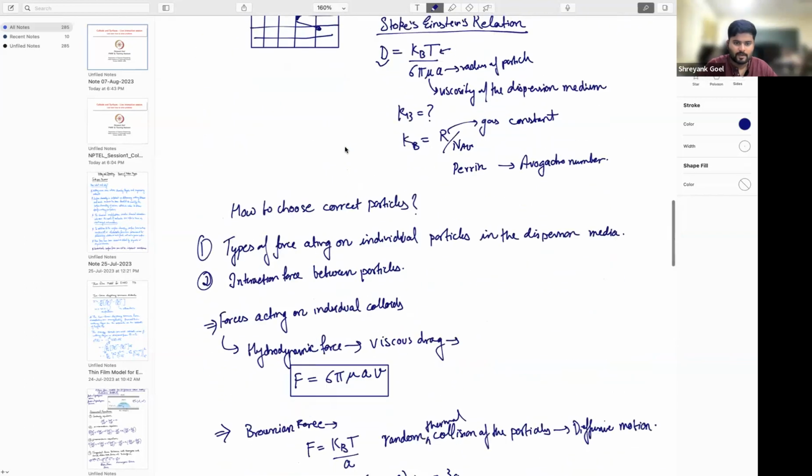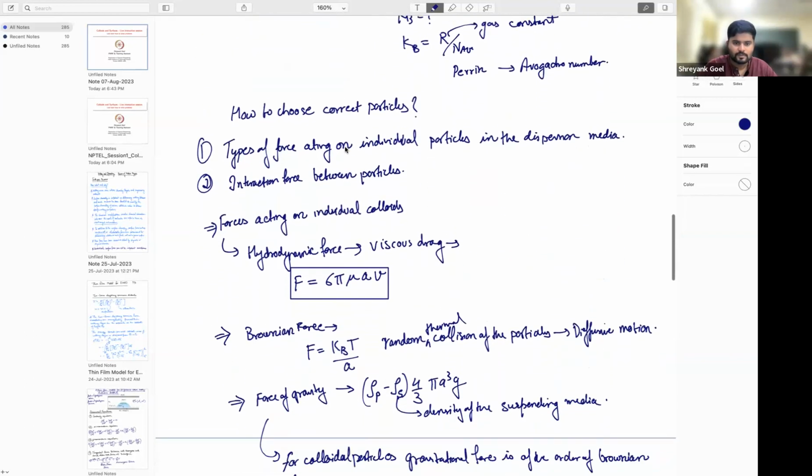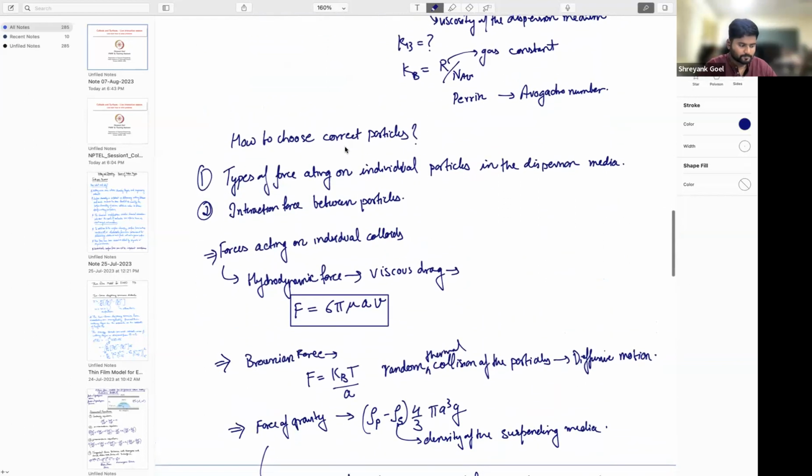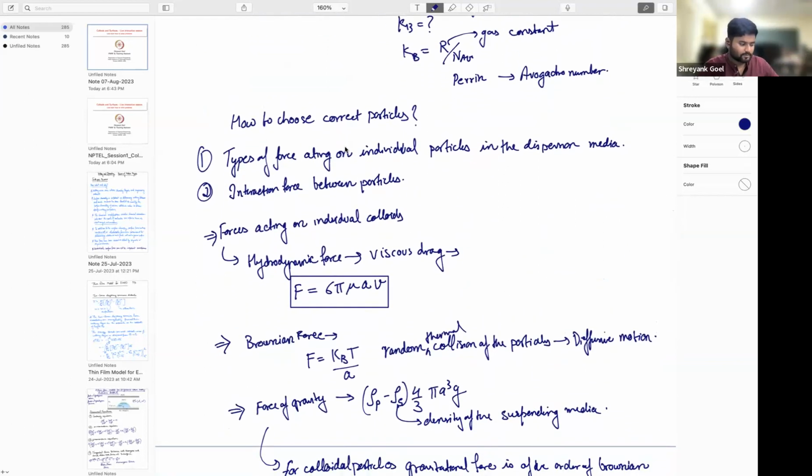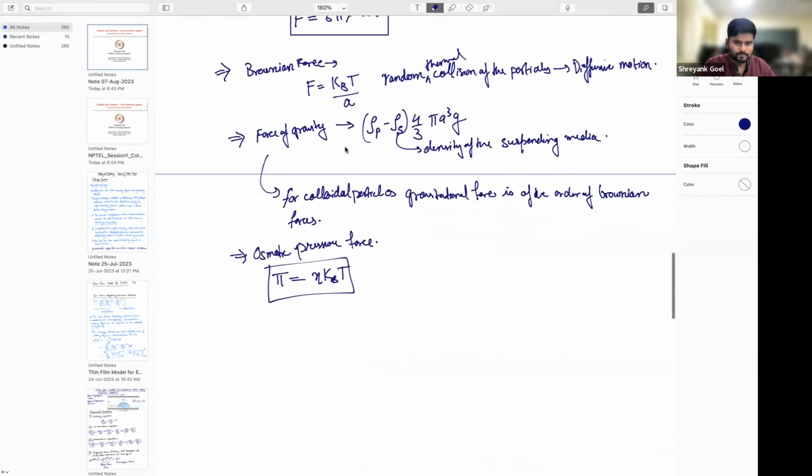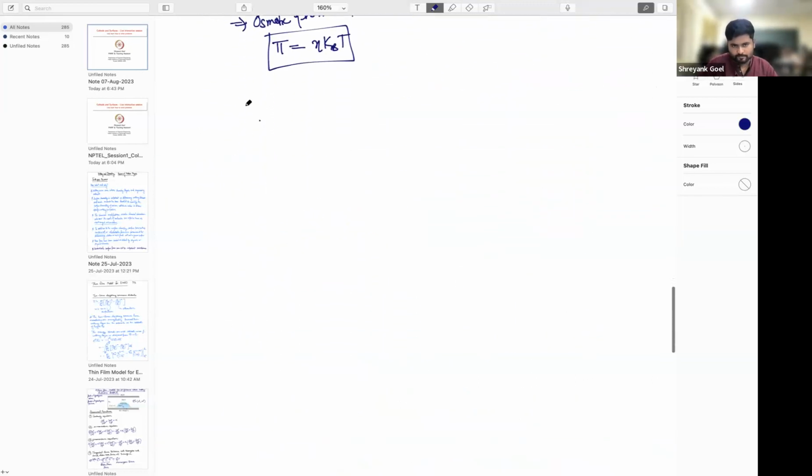So these are the forces. While choosing the particle, we have discussed the forces. Now we should discuss the interactions between two particles, that is, colloidal interaction.